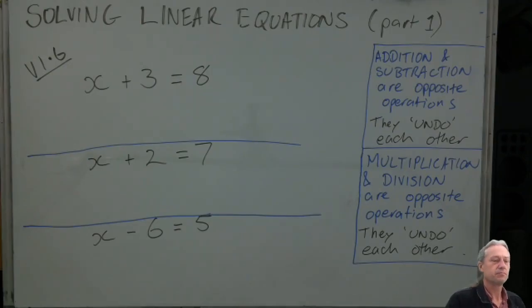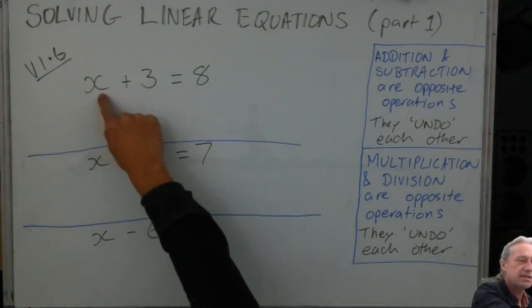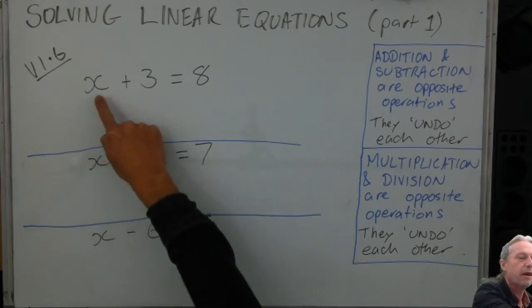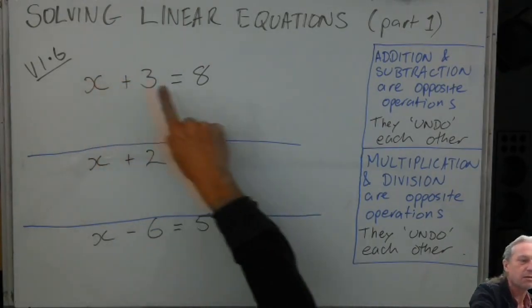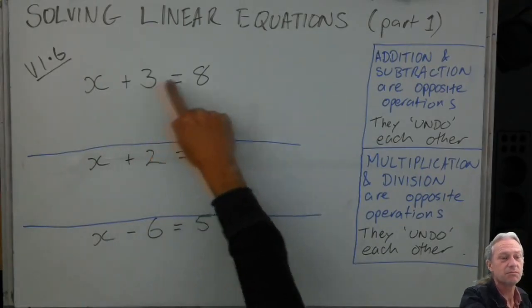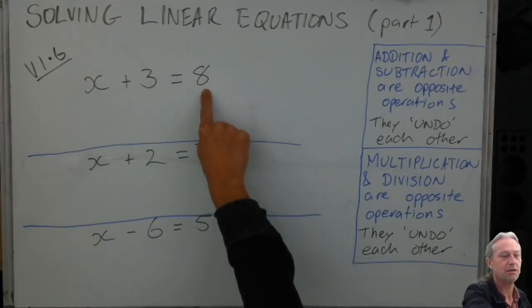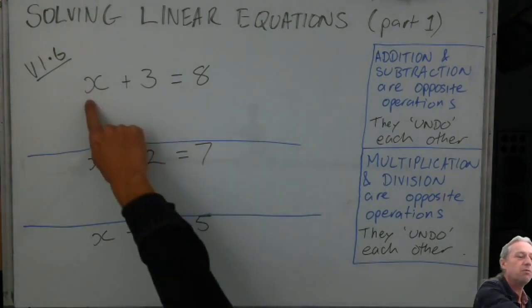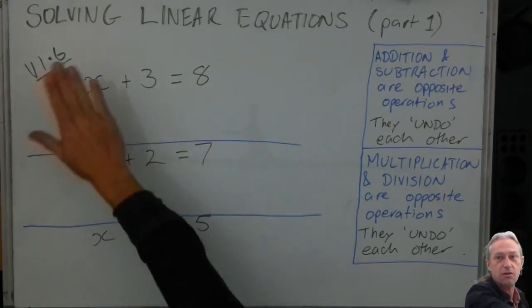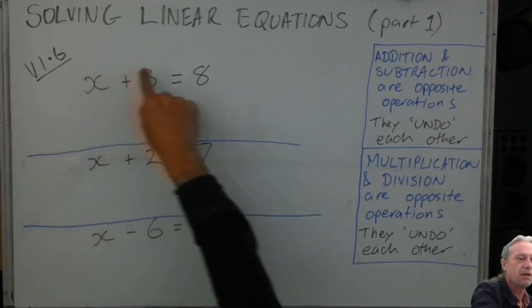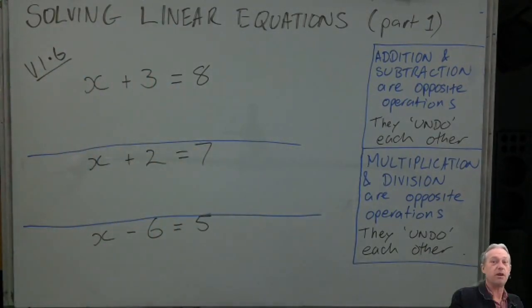So really, this x is the thing we don't know, and when we have this unknown thing and we add 3 to it, the answer is 8. So we want to solve it so that this unknown thing is all by itself on one side of the equals, and all the numbers are on the other.